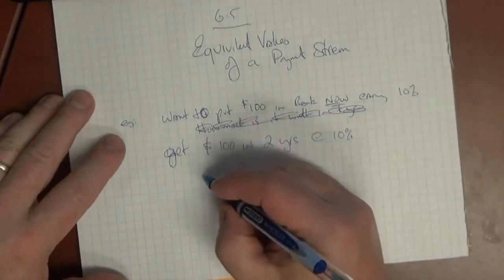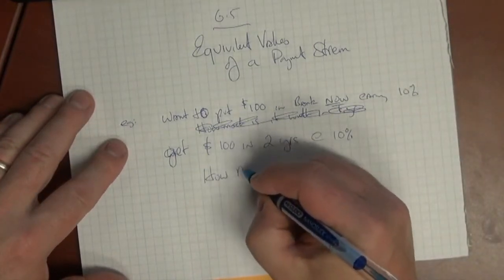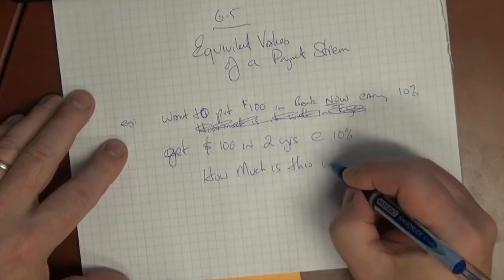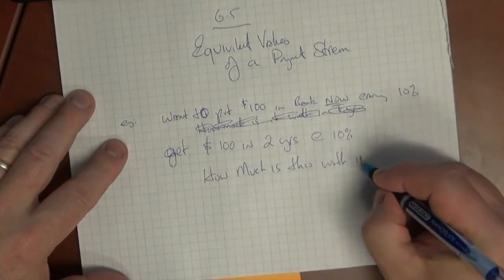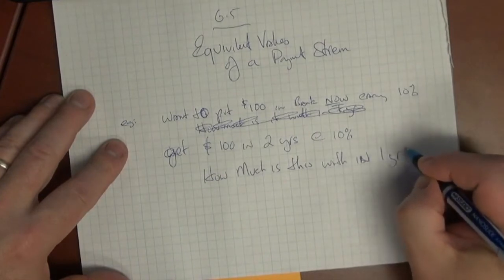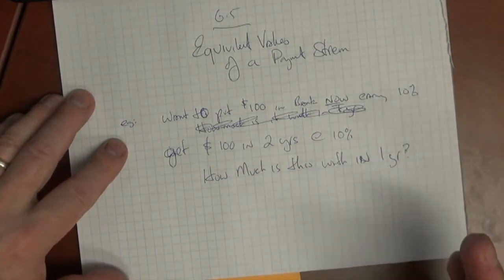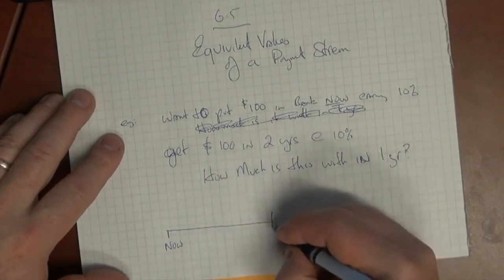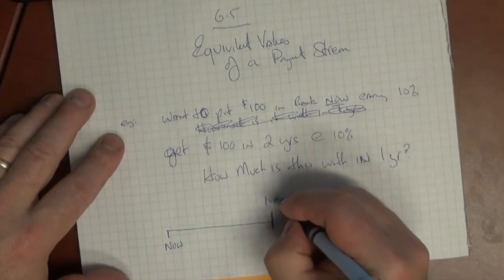Let's ask this basic question: how much is this worth in 1 year? Just follow me here. Here's now, and you're going to put that in the bank. This is the 1 year mark.